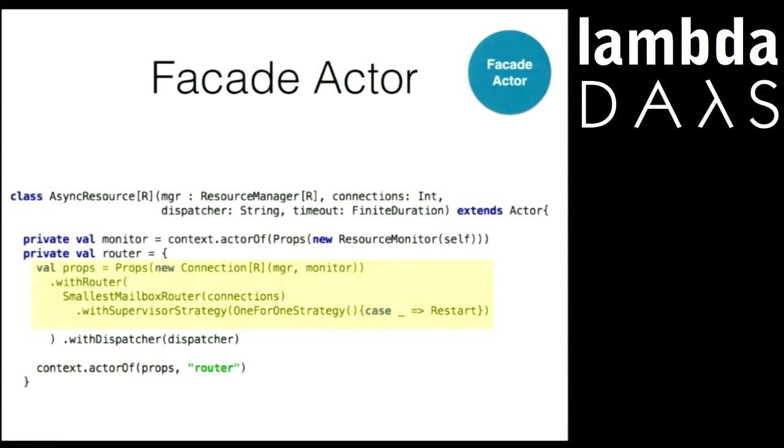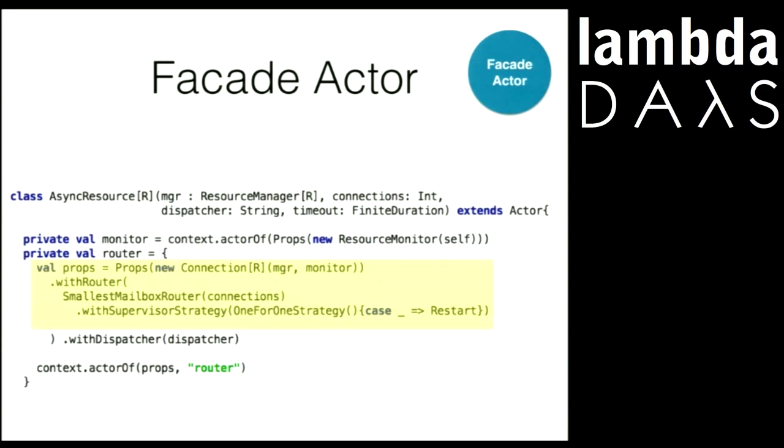Okay, and there is one more very interesting thing here, which is the dispatcher. In this configuration I say with dispatcher and then pass the dispatcher name. I said that every actor system has a dispatcher, and a dispatcher has a pool of threads. But in fact, we can have more than one dispatcher within an actor system, and that's useful for situations exactly like this one. Imagine that we had 5 threads in our pool, and we had 5 connections to the database.